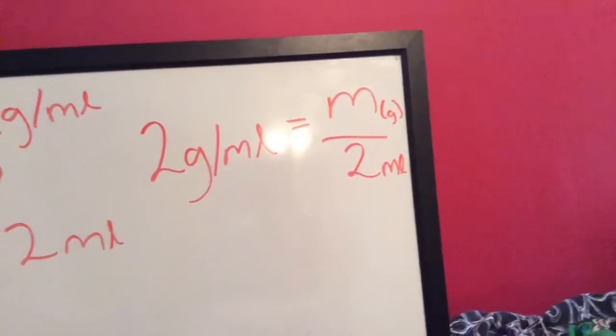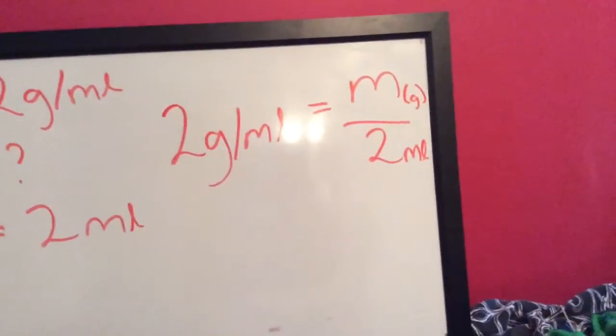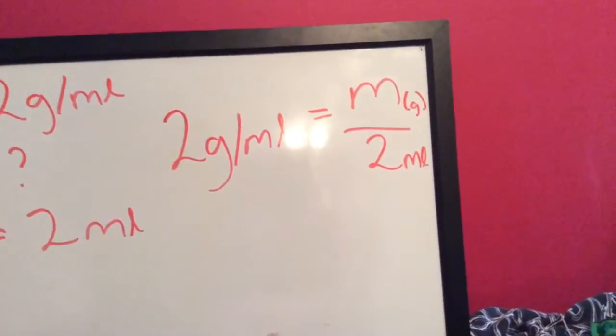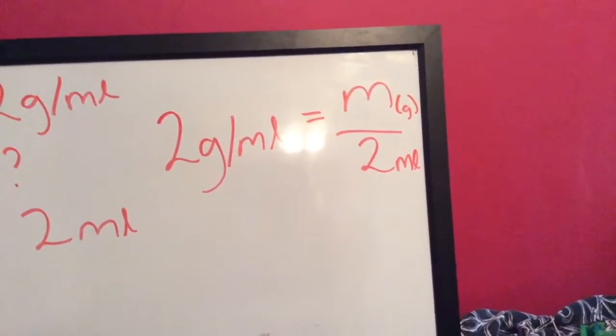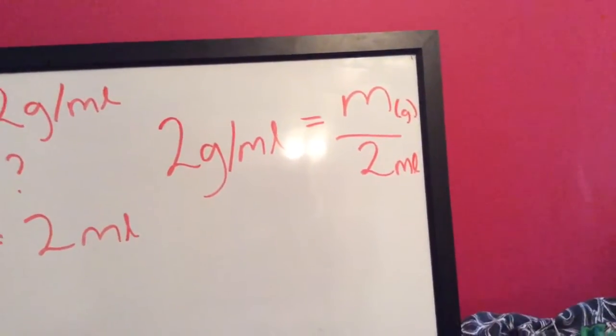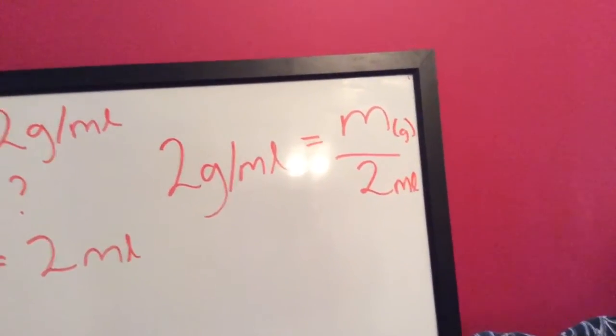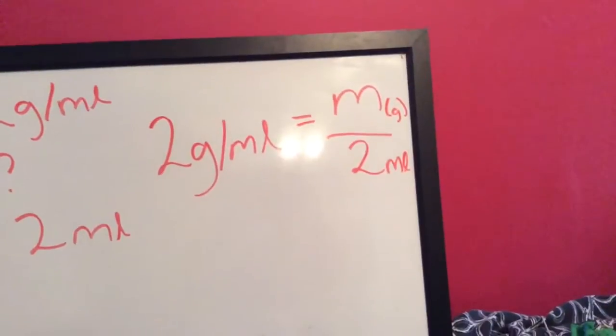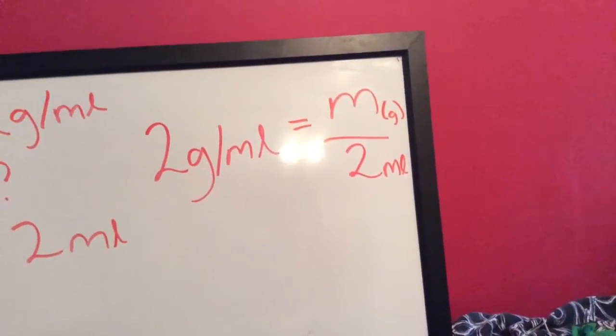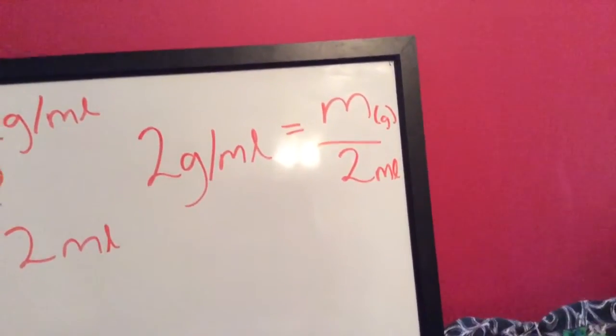So I put mass with the little g beside it because we know that we're going to have to do grams divided by milliliters. We already know that our volume is measured in milliliters, so we know our mass must be measured in grams to get the density. So we have an unknown mass measured in grams.